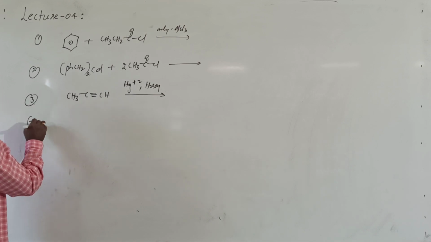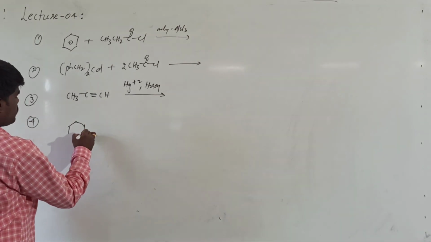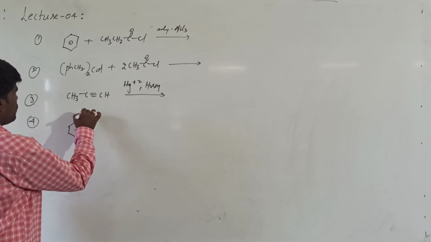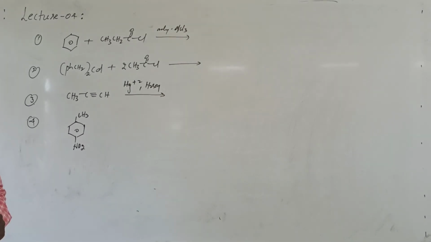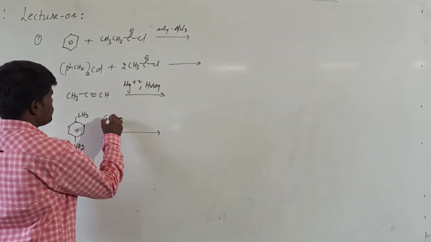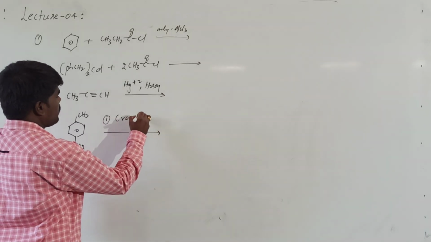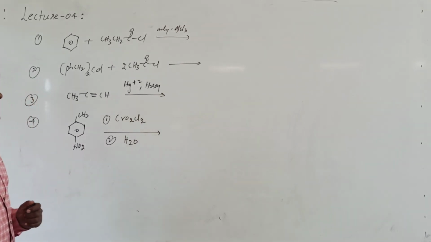And the other one he has given is paranitrotoluene, on reaction with 2 reagents, one is chromyl chloride followed by hydrolysis. What is the product he is asking.